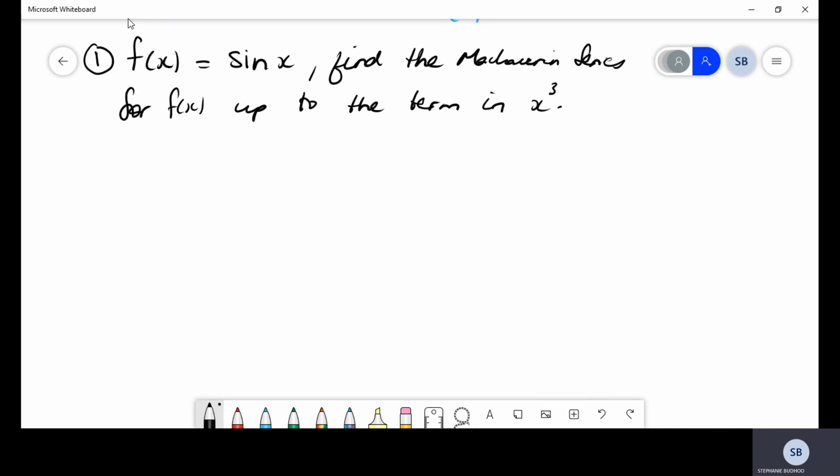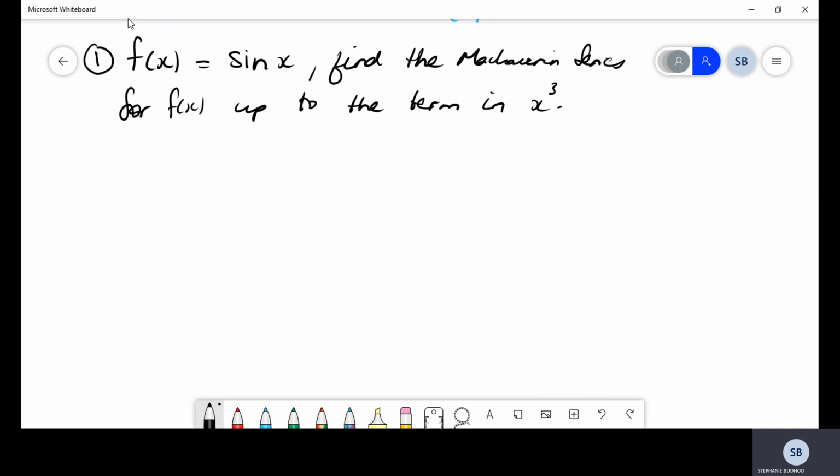All right, so they want us to use the Maclaurin's expansion to expand this up to the term in x cubed. So kind of similar to the binomial expansion in terms of they are asking you to calculate the expansions only up to a certain term, but of course, the binomial comes with a power, and this is just a straight up trigonometric function.